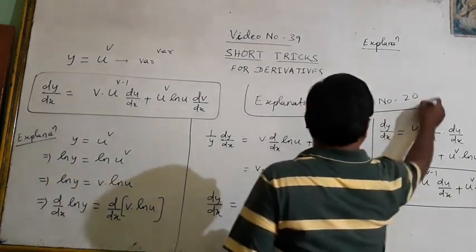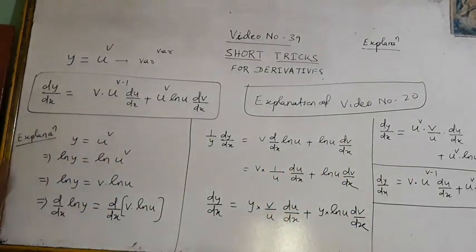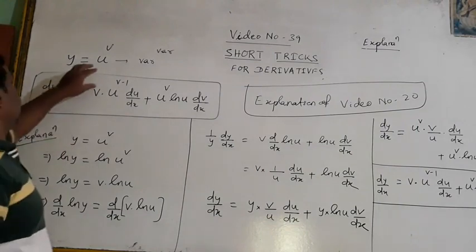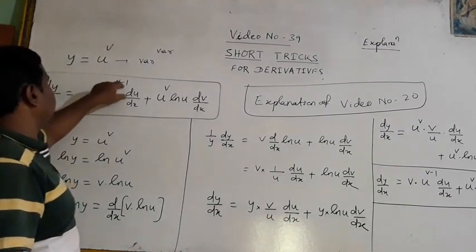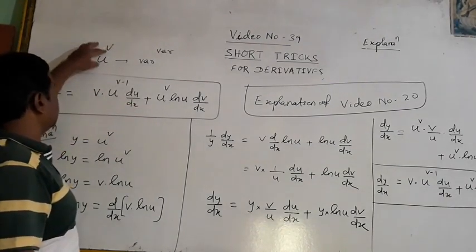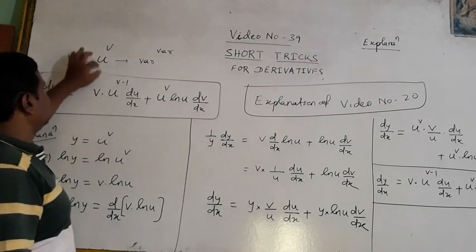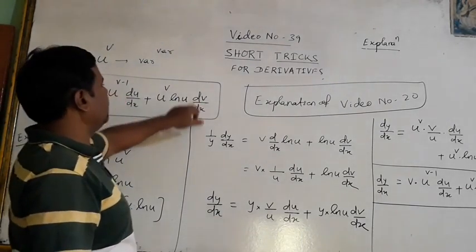At that time I told you to keep v here, u to the power v minus 1, and first think this is a constant, so v u to the power v minus 1 into the derivative of u. Then think this is constant, like a to the power v, so u to the power v ln u into dv by dx.